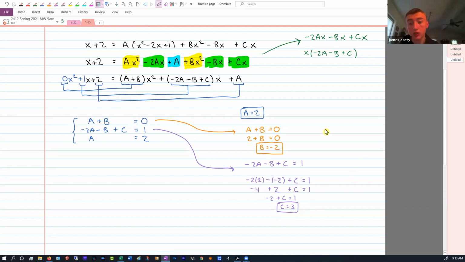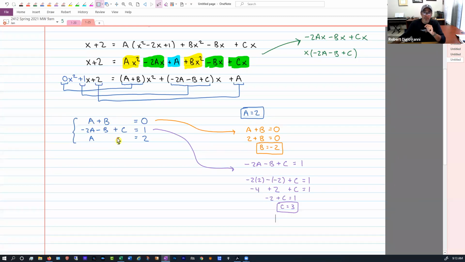So now we know what a, b, and c are, right? Yes, sir. So basically, as we find one of the 3, we can use that one and plug it in to find the other 2. Not all the time, but in this problem, yes. If all of these equations had an a, b, and c in them, then you would have to use elimination, which would take quite a bit of time.